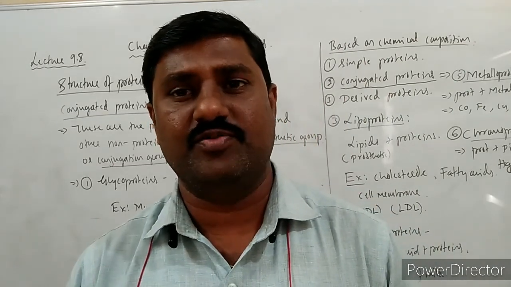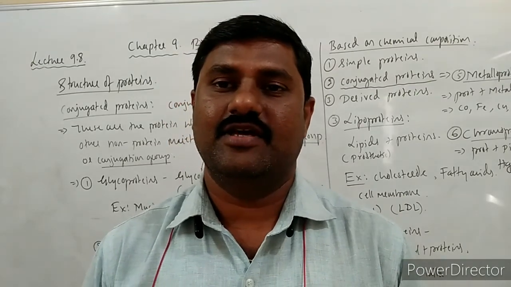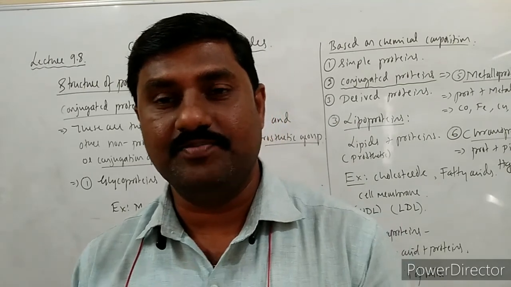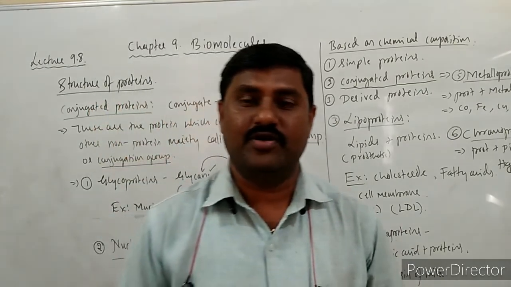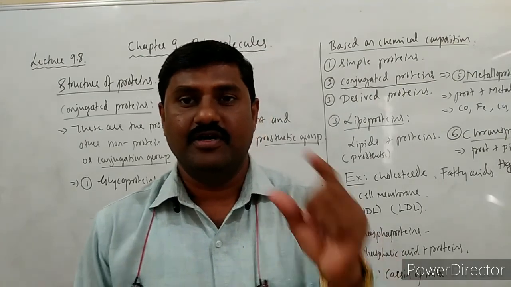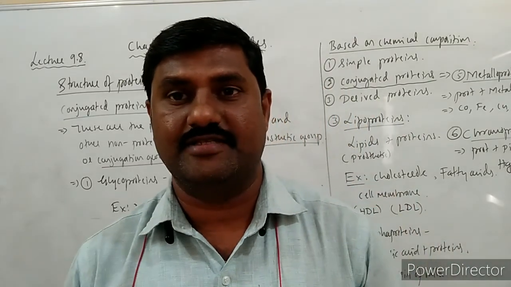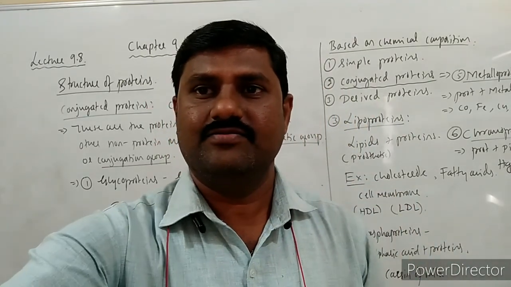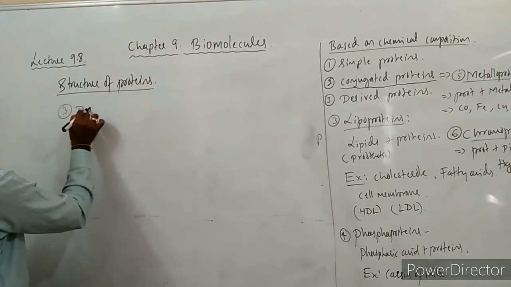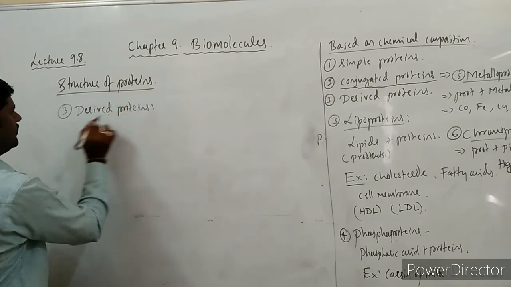And the last one is derived proteins. What are these derived proteins? They are the broken, denatured simple proteins. If the simple proteins as well as the conjugated proteins are denatured or degraded, the pieces that remain are called derived proteins. Let us write it now: the third one, derived proteins.